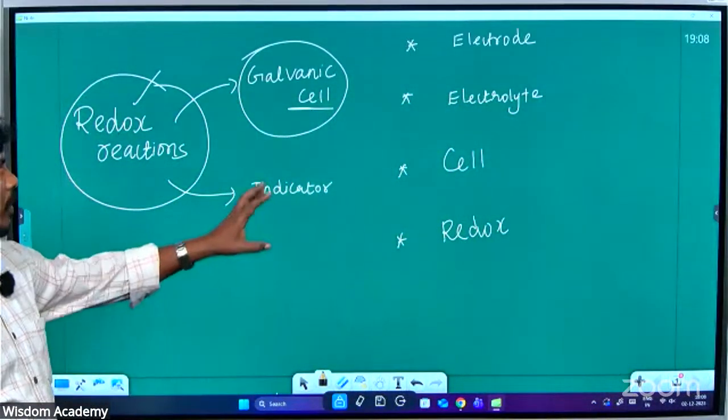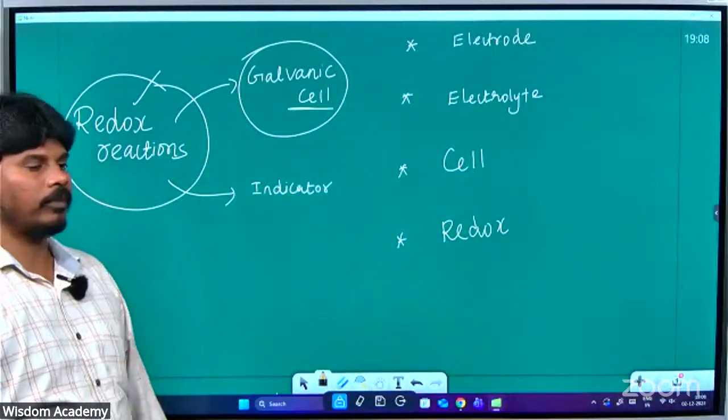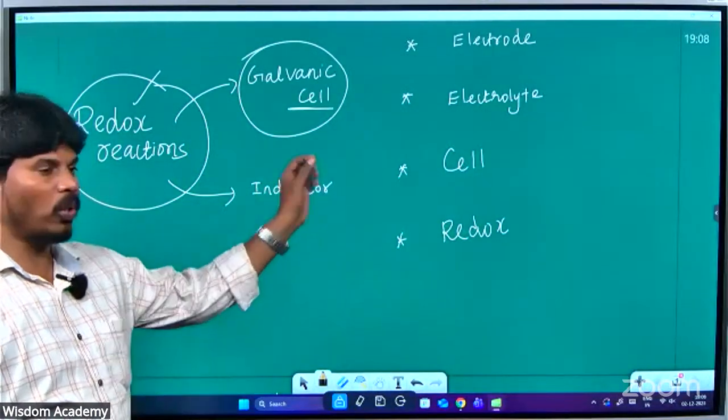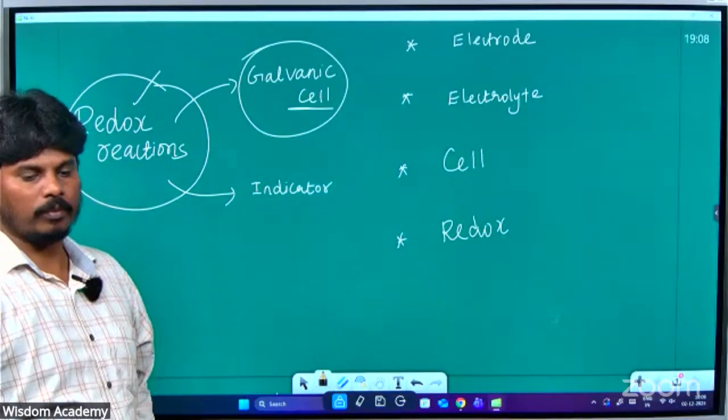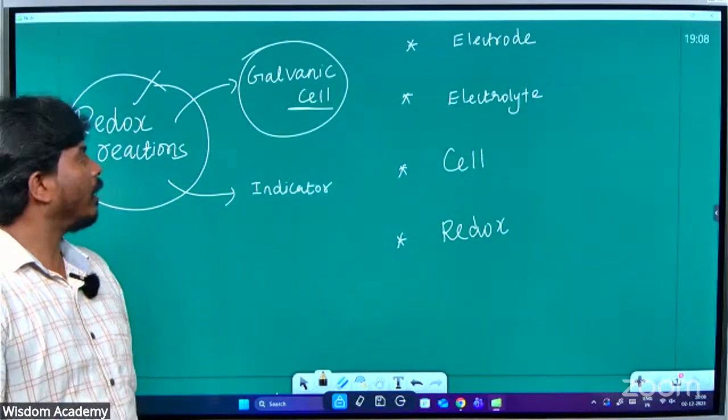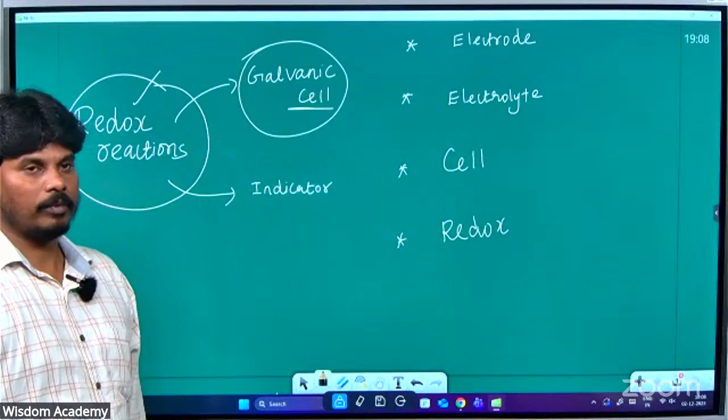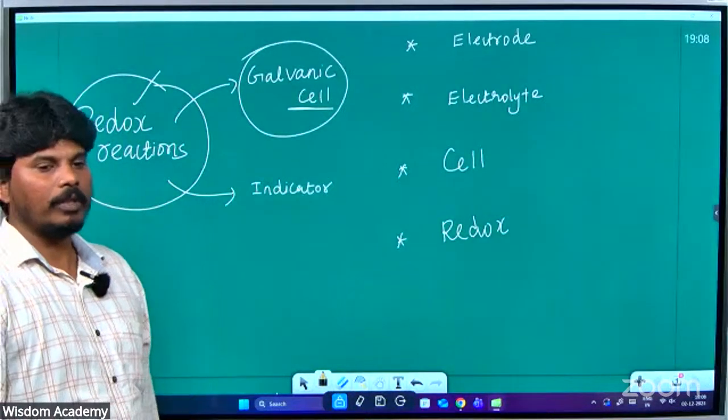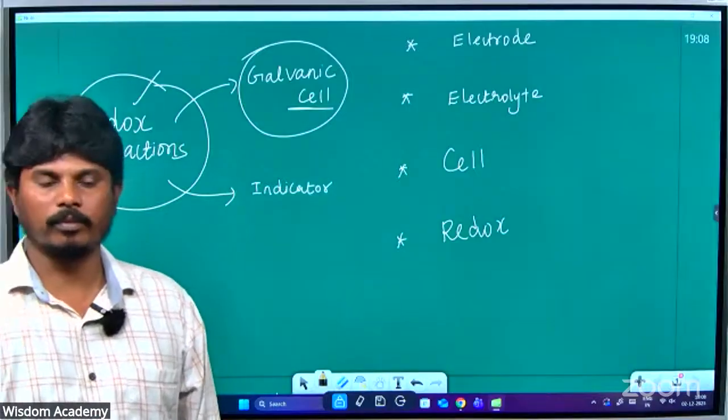These four terms are very essential for a galvanic cell. First, electrode. What is an electrode? It is a metal rod which sends or receives electrons.